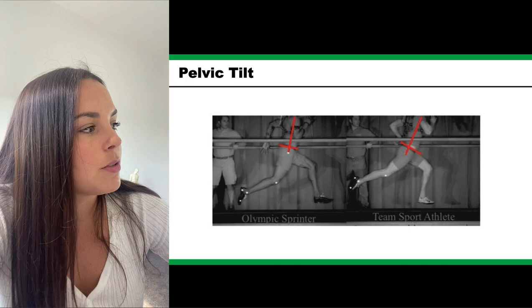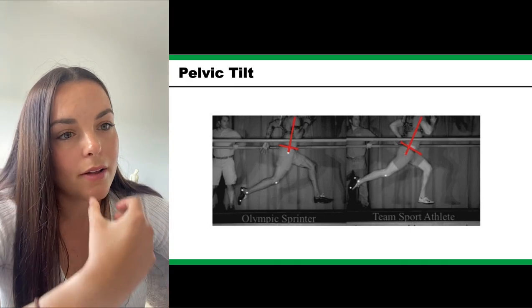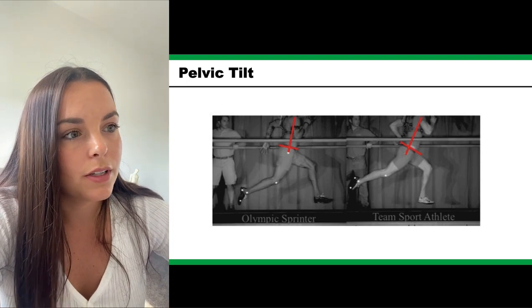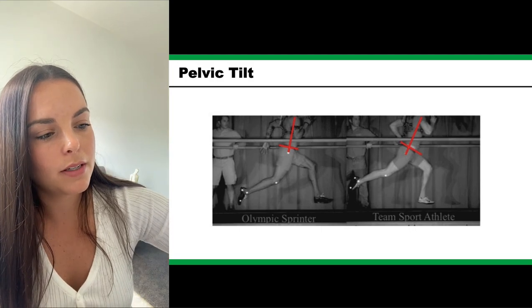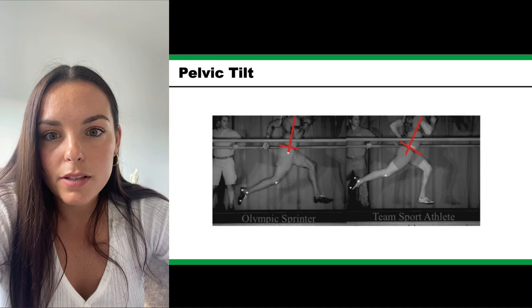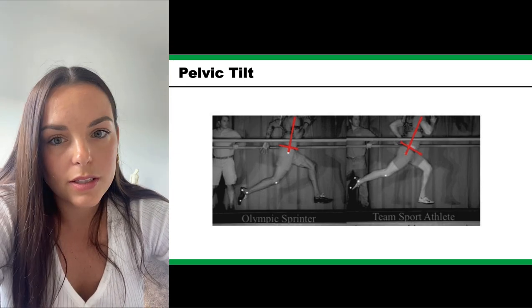You can see in this picture as well with the team sport athlete, the hip is much more extended out the back than with the Olympic sprinter. So there are really two camps on this, but it's an interesting debate. If you look at images of sprinters running at the Olympics, they tend to be more neutral, like in this image here.